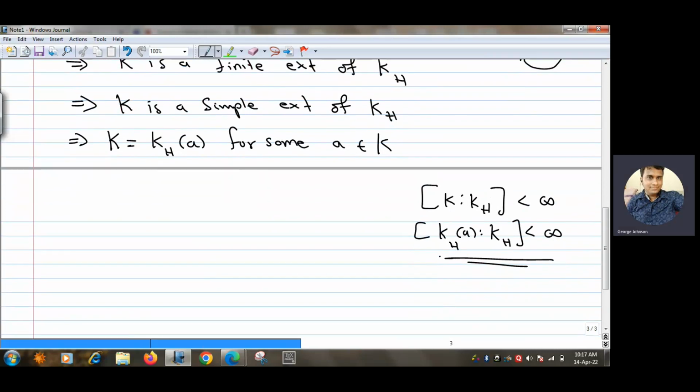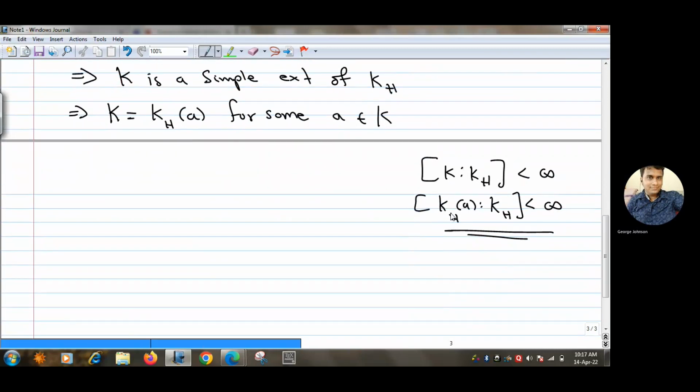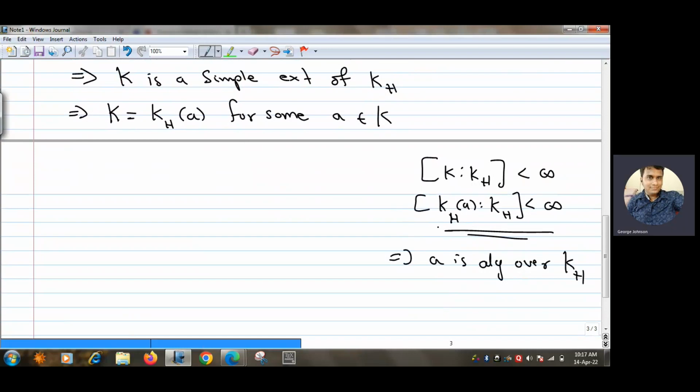What does this mean? That A is algebraic over KH, right? Because we have already proved that A is algebraic over F if and only if the dimension of F(A) over F is finite.